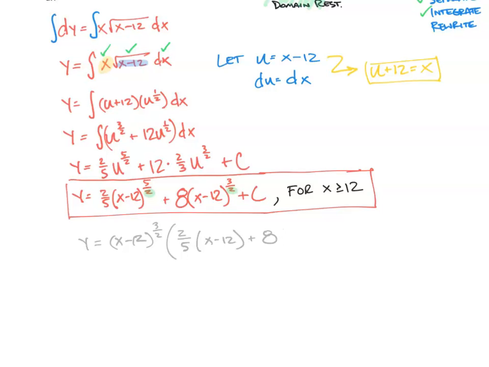Oh, don't forget plus 8. And then if we went ahead and rewrote this, we could distribute out that 2/5. That would be 2/5 x minus 24/5 plus 8, which is also known as 40/5.